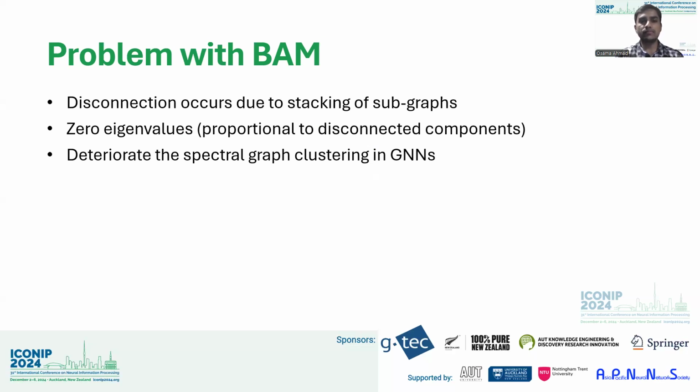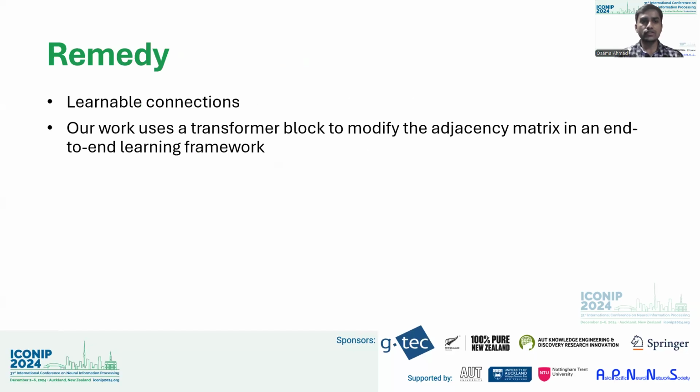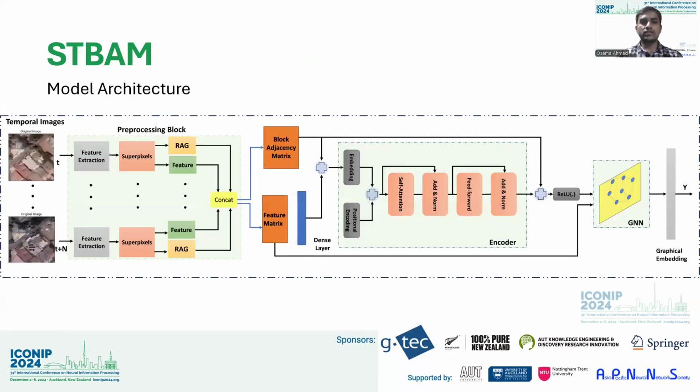It simply impacts our spectral graph clustering. It means they will impact our learning in graph neural networks. So what is the solution to this disconnection? In our work, we present that if we add learnable connections, we can remove these disconnections in our adjacency matrix. So we use a transformer encoder block for this purpose.